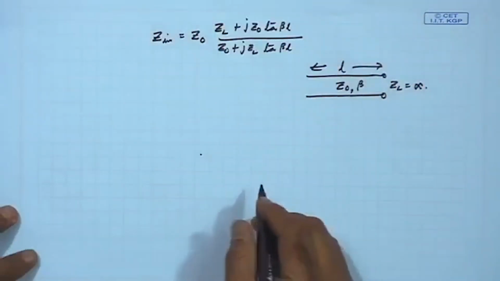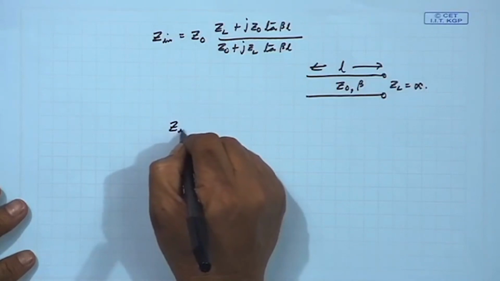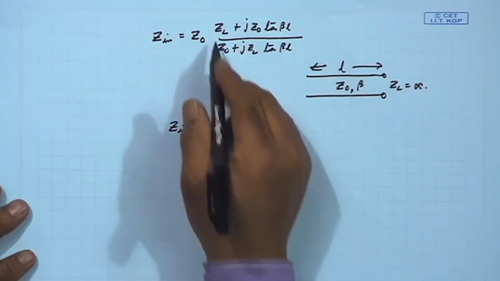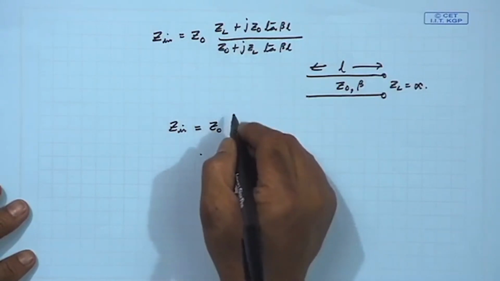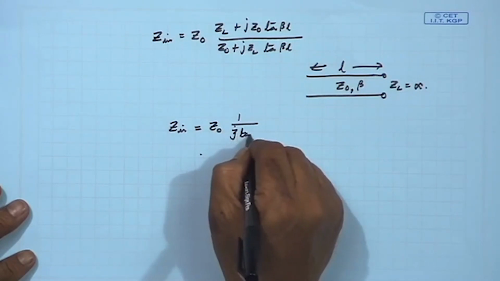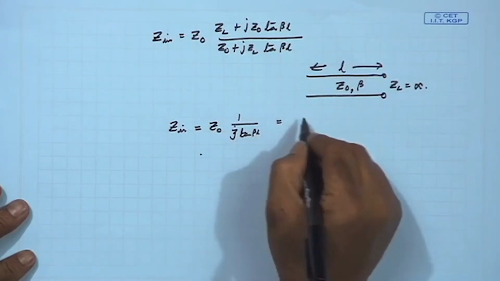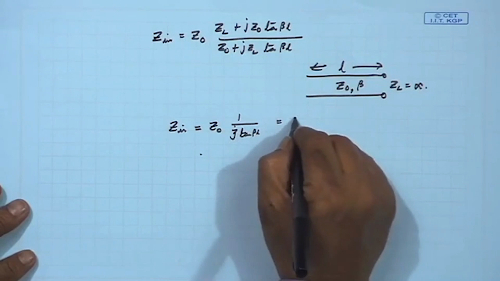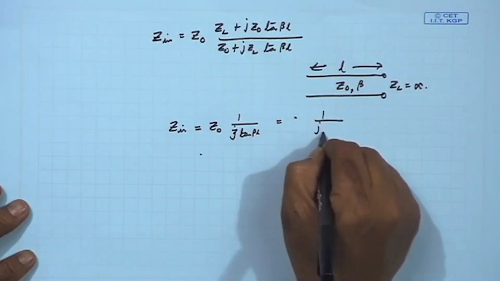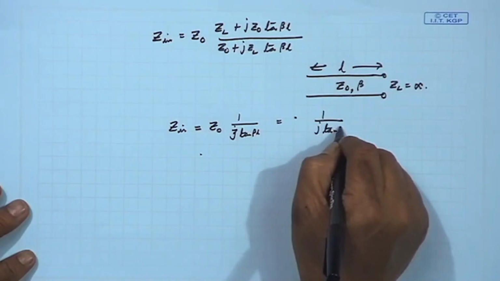So, what is the Z in value under this condition? Z in is Z naught, this is infinity, so divide, and you get 1 by j tan beta L.